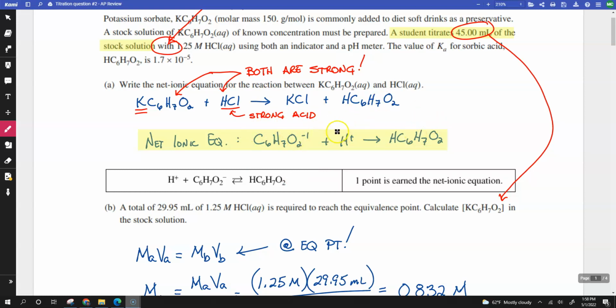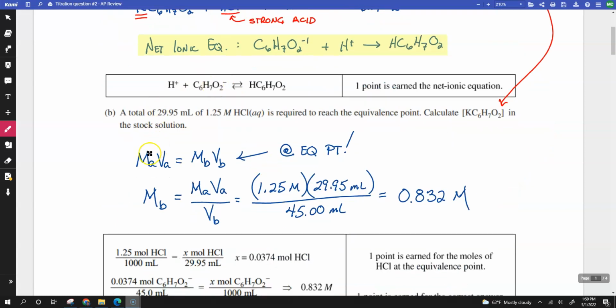So if we were to put this into water, it would rip a hydrogen off, leaving hydroxide and this sorbic acid. Now, nowhere in this question does it ask you to do that, but you have to realize that this is the acid, this is its conjugate, which means that if this is an acid, this is a base on the other side.